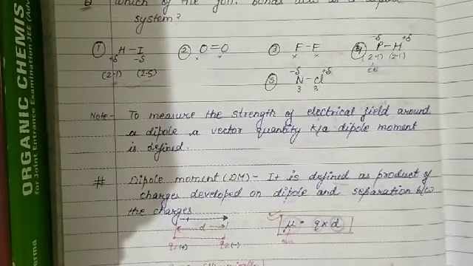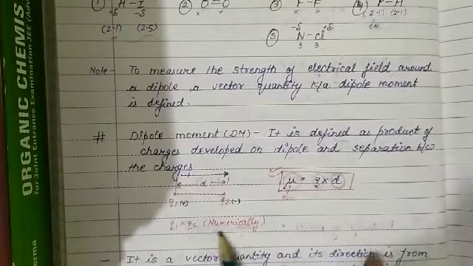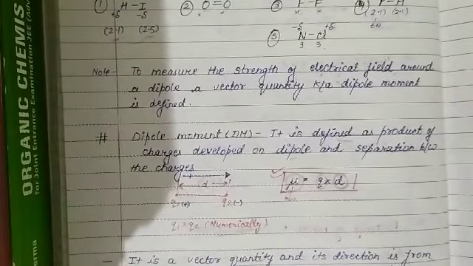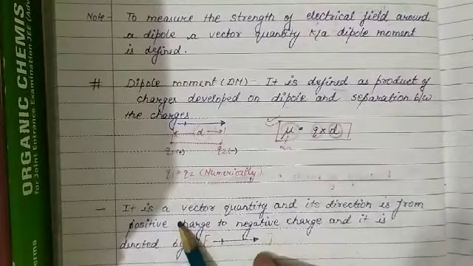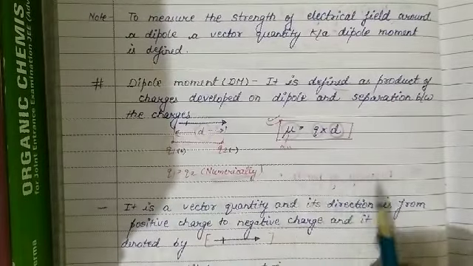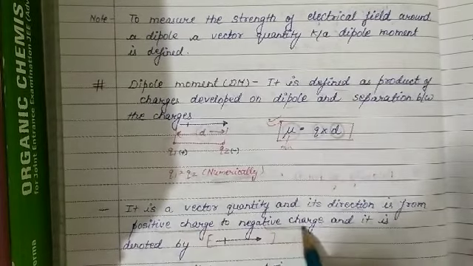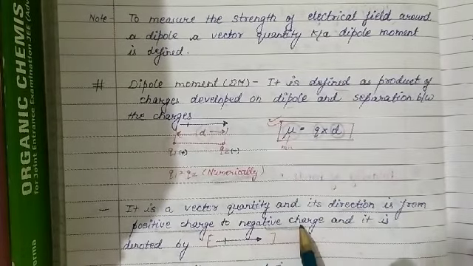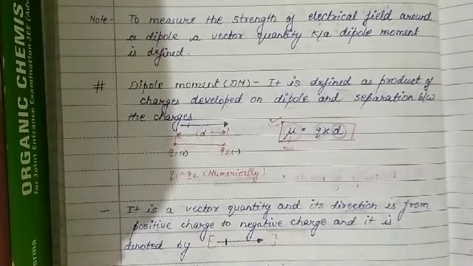So Q1 equals Q2, equal in magnitude and opposite in direction. Numerically the charges are the same. And also the dipole moment is a vector quantity, and note its direction. Its direction is always from positive charge to negative charge, denoted by this arrow, positive to negative.